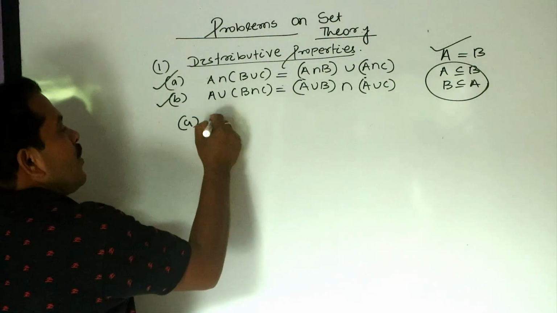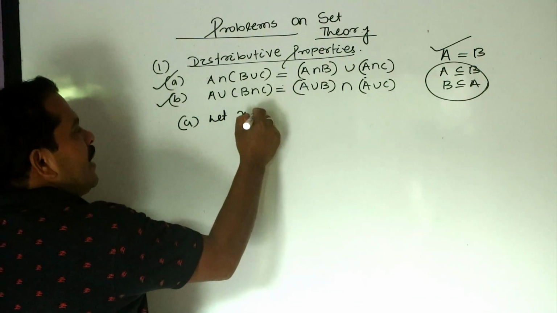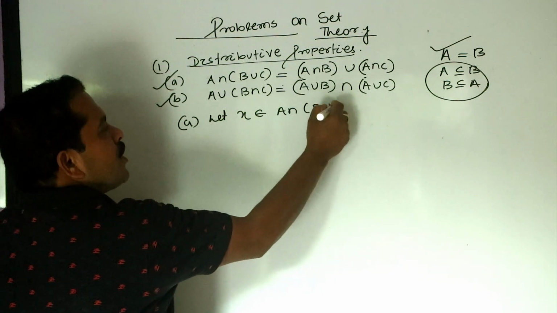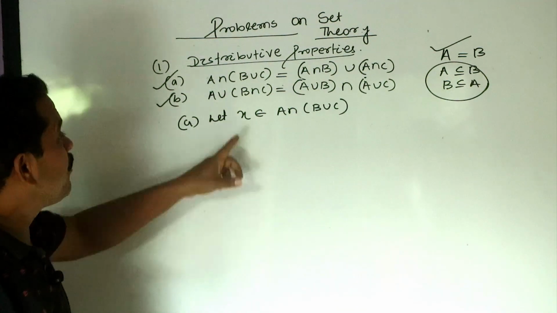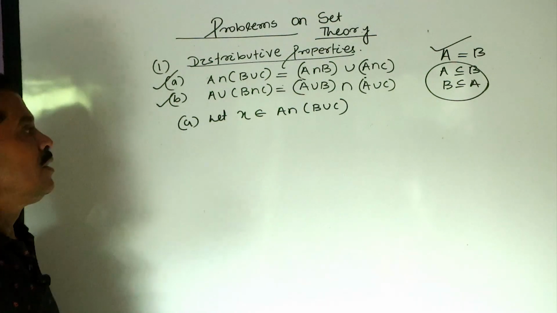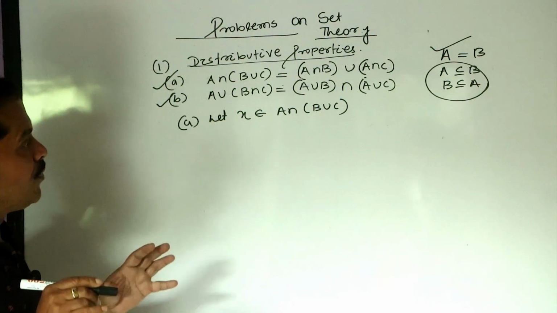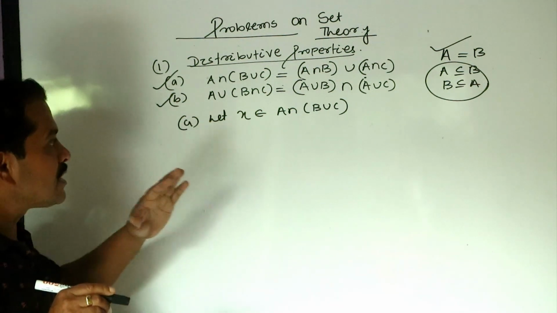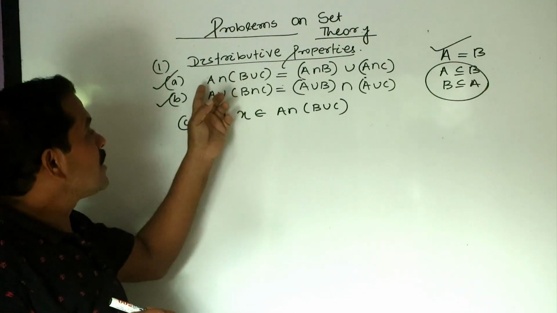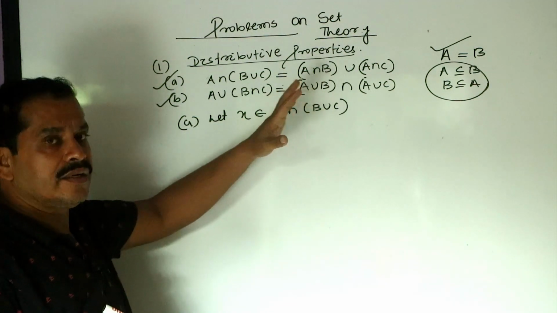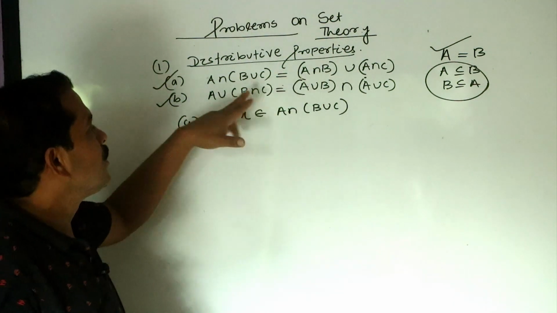First take an arbitrary element x belonging to A intersection (B union C). You cannot prove by particular cases; you have to prove in general. In set algebra, first take an arbitrary element from the left hand side or right hand side, whichever you choose.